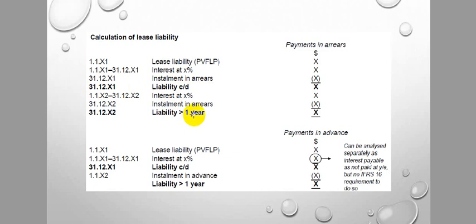To do that, we compute the closing balance for the following year by doing a similar calculation. Apply the interest rate implicit on the closing balance of the lease liability at 31st December X1. Take out your lease installments to give you the closing balance at 31st December X2.